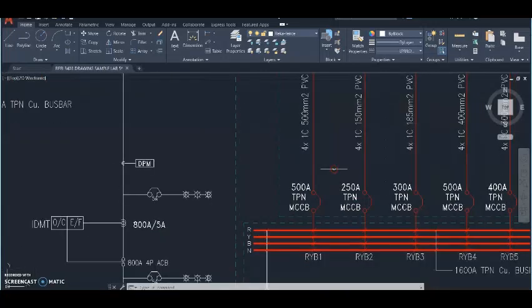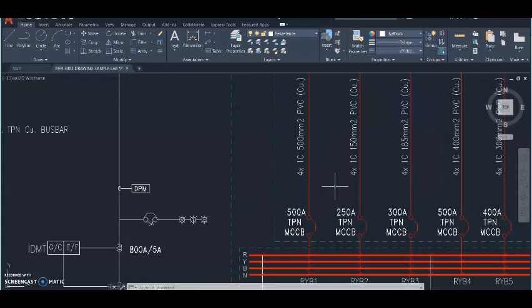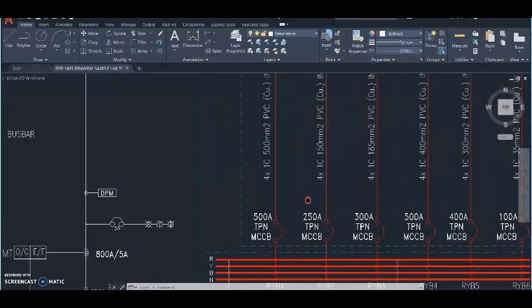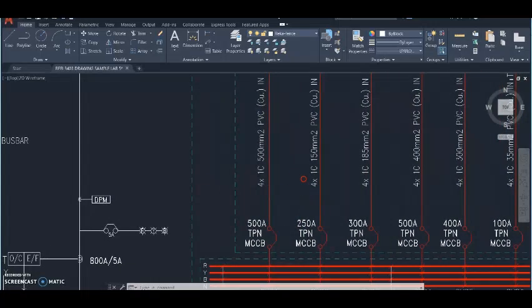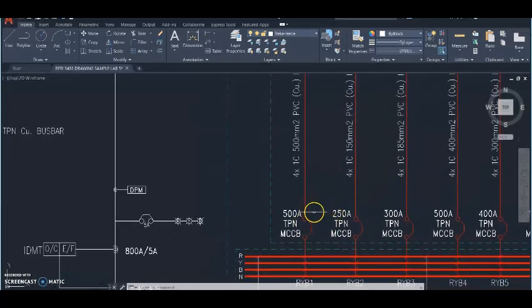In this situation, our IN is correlated to the MCCB. Let's say we want to know what IZ we need for an IN of 500.